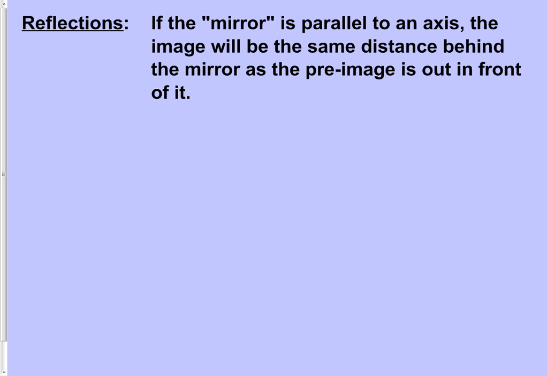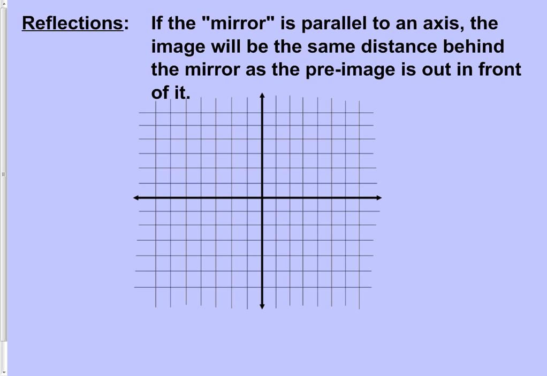Obviously, the reflection should be the same distance out behind the mirror as the real object, or the pre-image, is out in front of it. So this is not that bad. And in fact, being in a graph actually makes this a little bit easier as far as reflections are concerned. Some of us are not the best artists that were ever born.